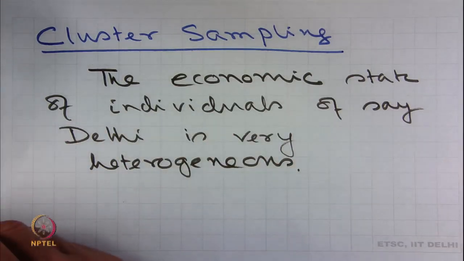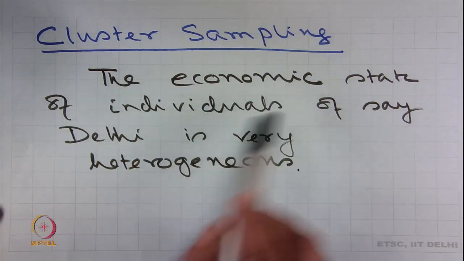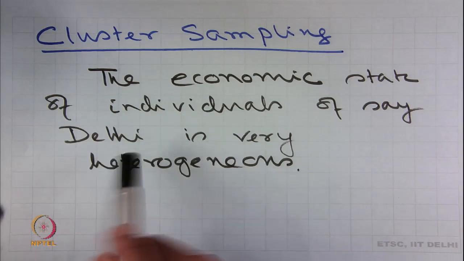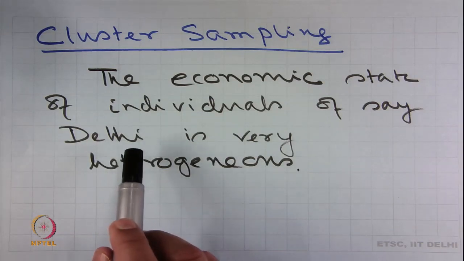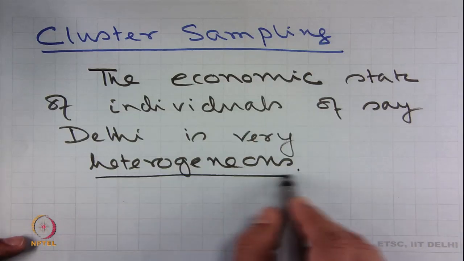Delhi has a huge population, but the problem here is that the elements of that population are not homogeneous in nature. In fact, they are highly heterogeneous.